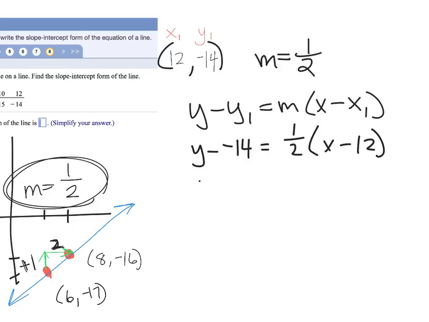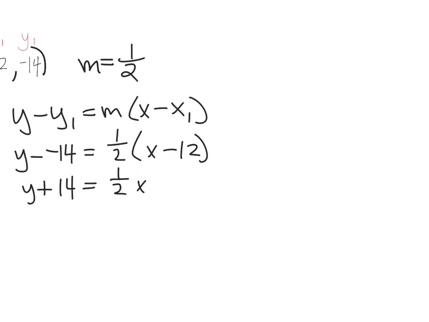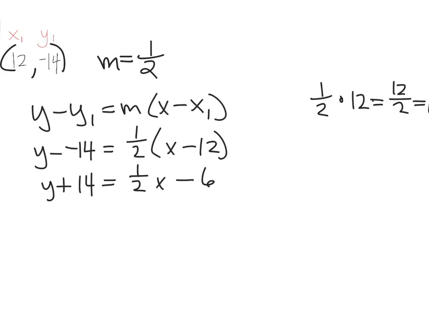And then this becomes y plus 14 equals 1/2 x. And then I'm going to do a little bit of scratch work over here. So we know that 1/2 times 12 equals 12 over 2, which equals 6. So positive 1/2 times negative 12 is going to give us negative 6.